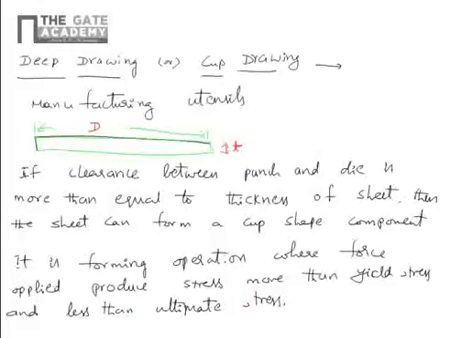So the objective is you want to bend, that's it. There has to be some deformation. It's not like failure, it's not like cutting. You want to create a cup shape from the circular sheet. You want to create a cup of diameter d and height h.